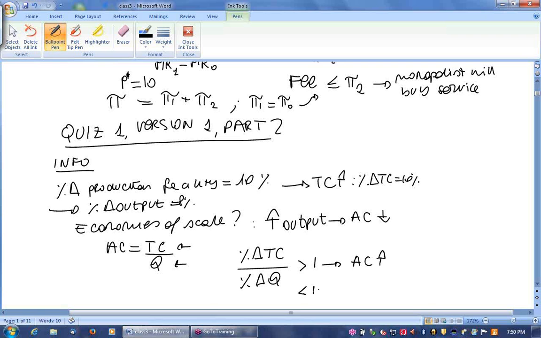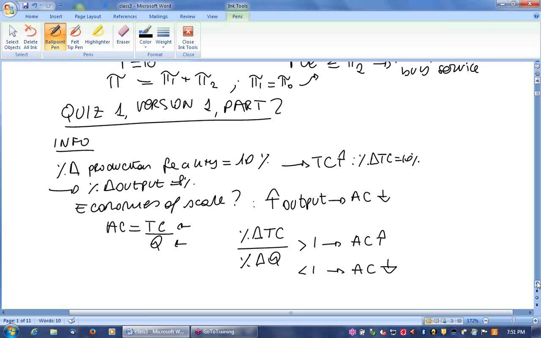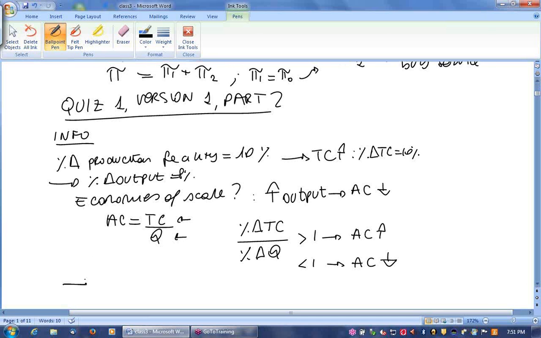Whenever it is smaller than 1, it means that the average costs are decreasing. So in this case, since the total costs are increasing by 10% and the quantity is increasing only by 8%, we don't have economies of scale. Okay? Question on this?